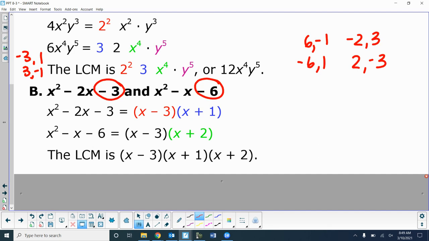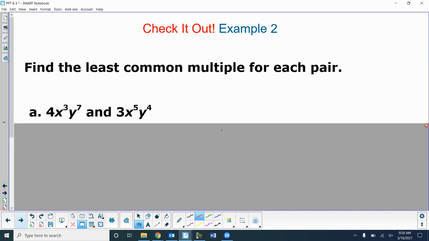Okay? If it shows up, what are you supposed to do? Write it down for the denominator. Remember, when we first started today, you knew you had to have a common denominator to add or subtract fractions, right? You still have to have a common denominator to do this.